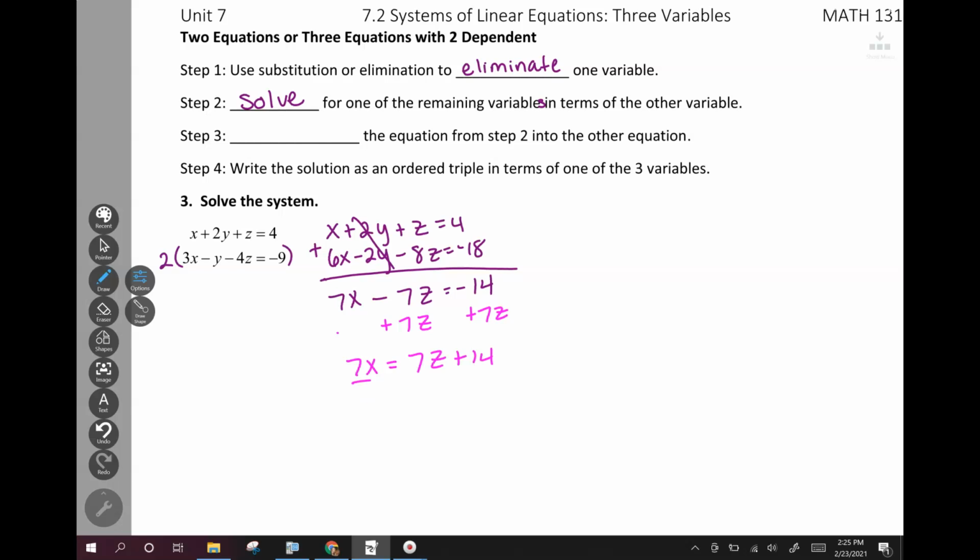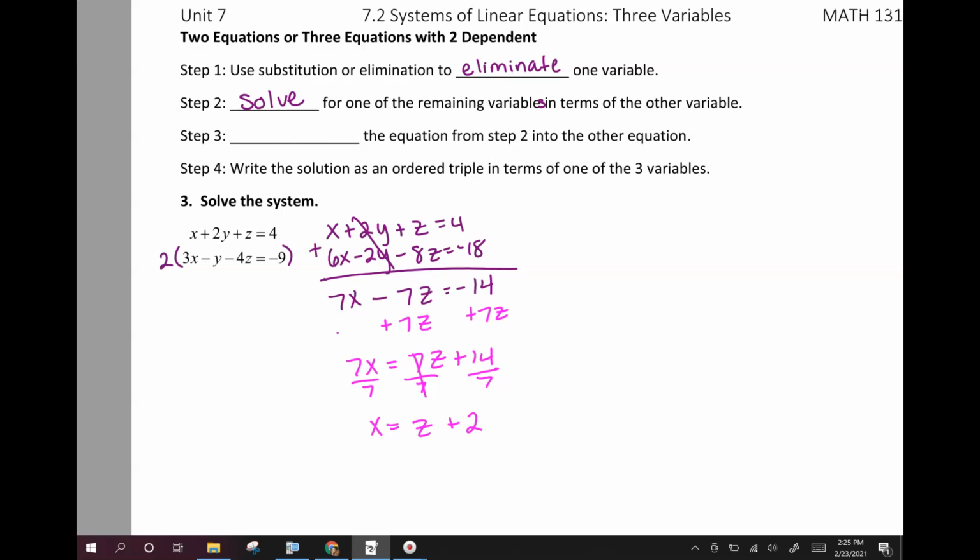Divide everything by 7. All right, so x equals z plus 2. And that's as far as I can actually solve for x. I'm not going to be able to get exactly what x is because this is actually a dependent system. There are infinitely many solutions. Because there are only 2 equations, we can't actually fully solve. So we're going to have x equals z plus 2.